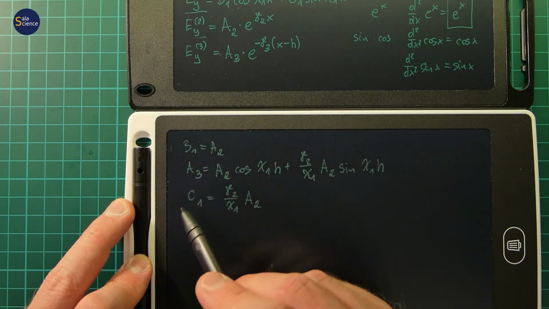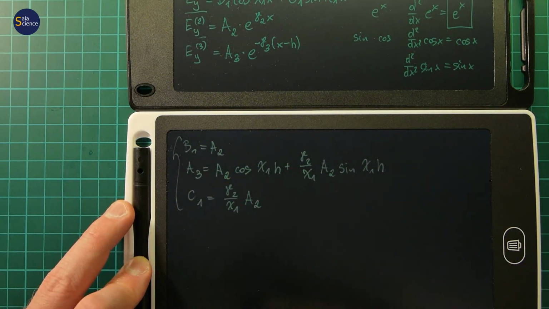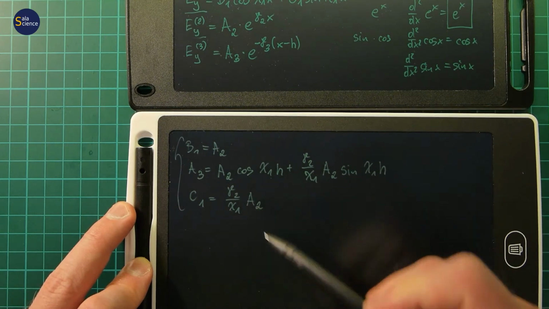So we have all constants, which depend only on A2.